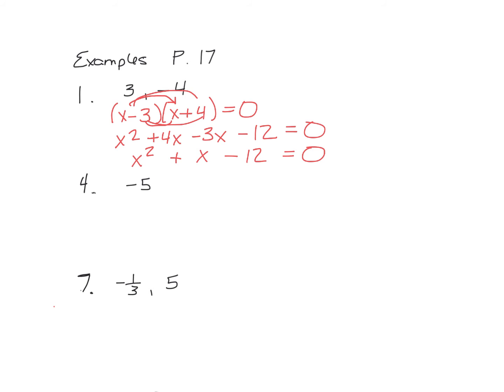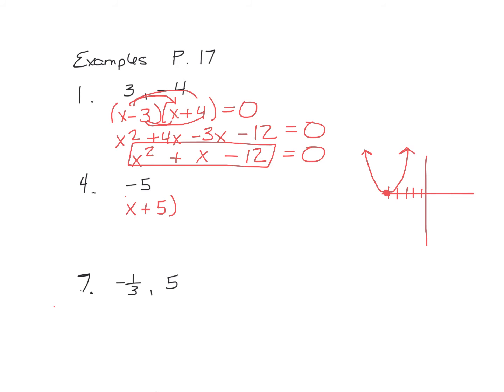Now, number 4, we've got -5 as a root, and that is the only root. So if you think about this, this parabola must be crossing at -5, and therefore that must be also the vertex of the graph. So we consider negative 5 a double root. So in that case, we'd have x plus 5 as a factor twice.